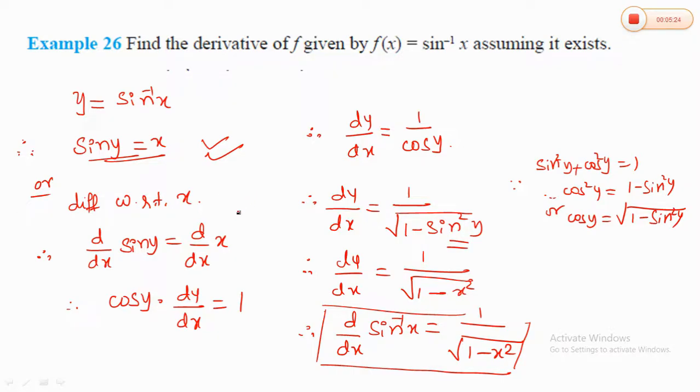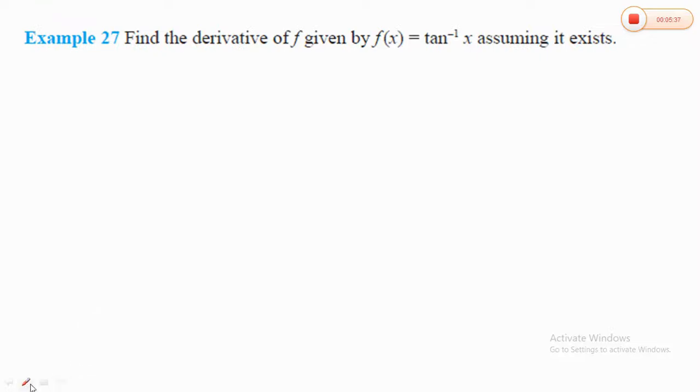So you have to repeat the same thing, or you can find the derivative of the other inverse trigonometric functions in this way. So observe this one. Find the derivative of f given by f(x) equal to tan inverse x.